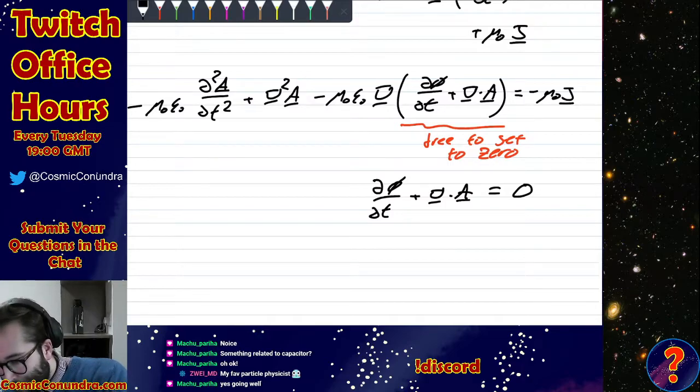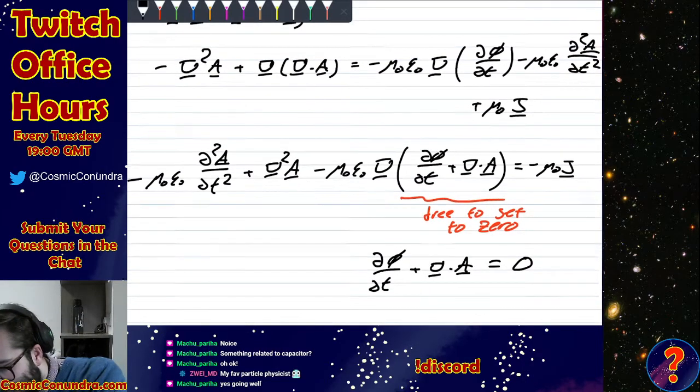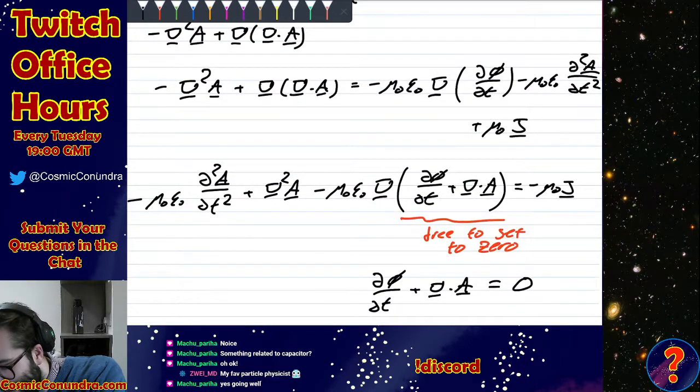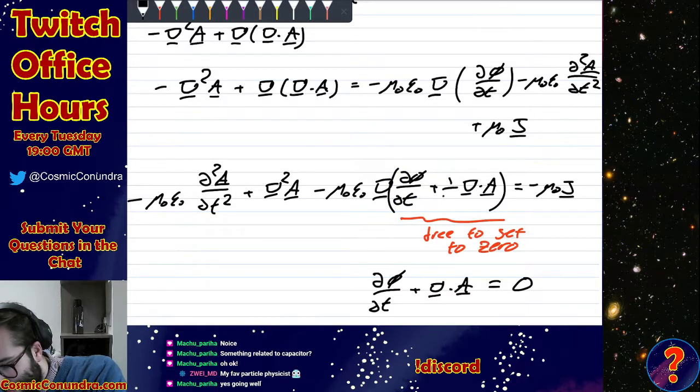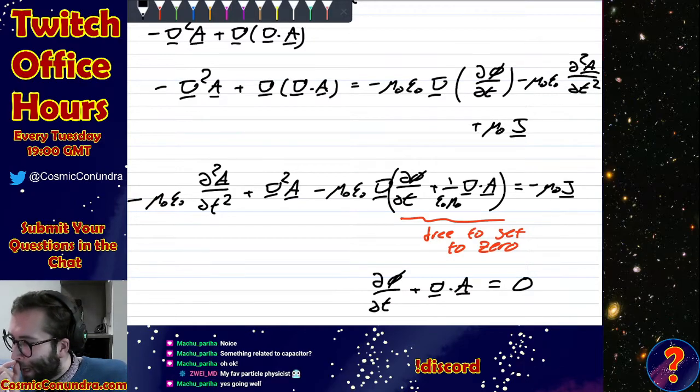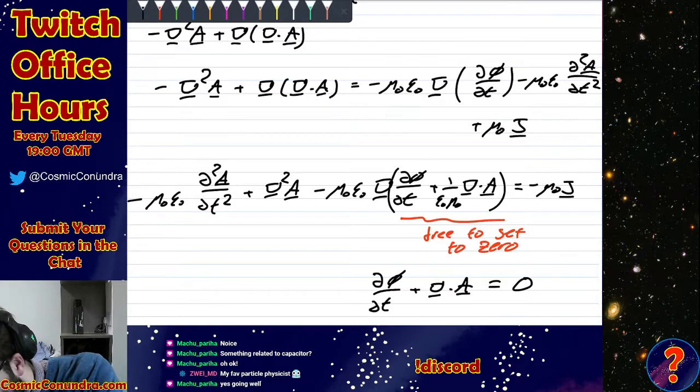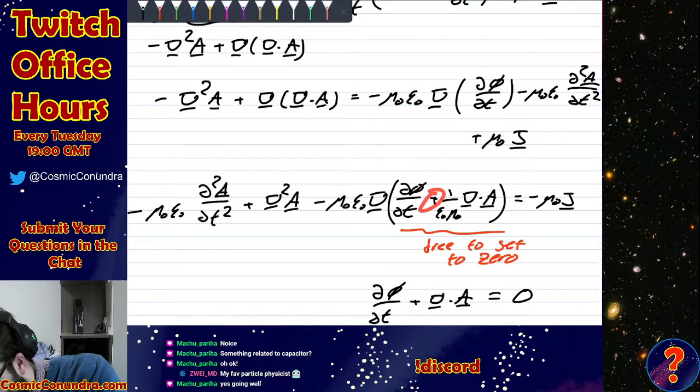Okay. Oh, actually, have I made an error here? I think I have made an error. There's no mu naught epsilon naught here, so actually there should be a 1 over mu naught epsilon naught here, because I've brought them inside the bracket. So there should be a 1 over epsilon naught mu naught there. Now, have I made any errors? Should that be a minus sign?